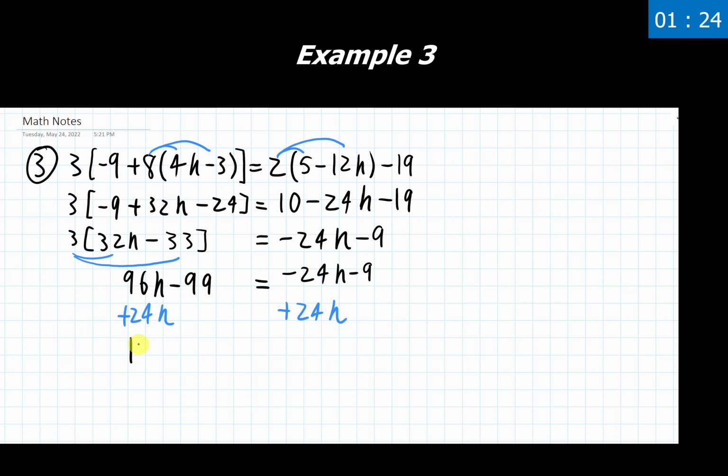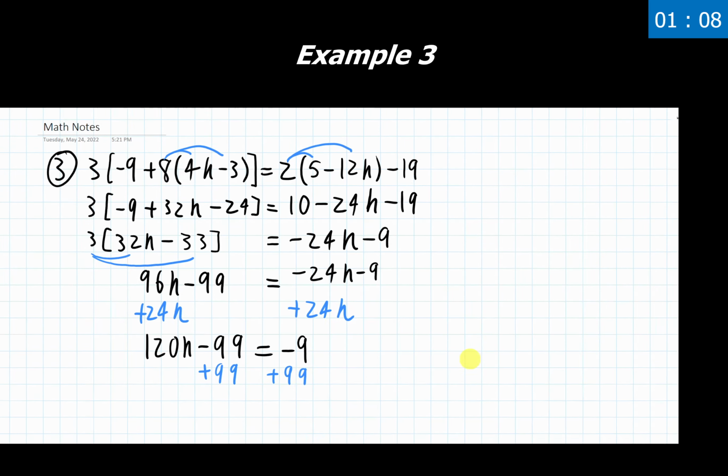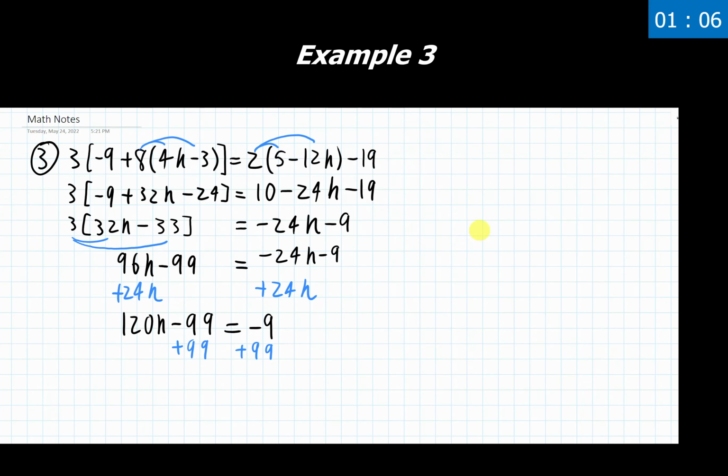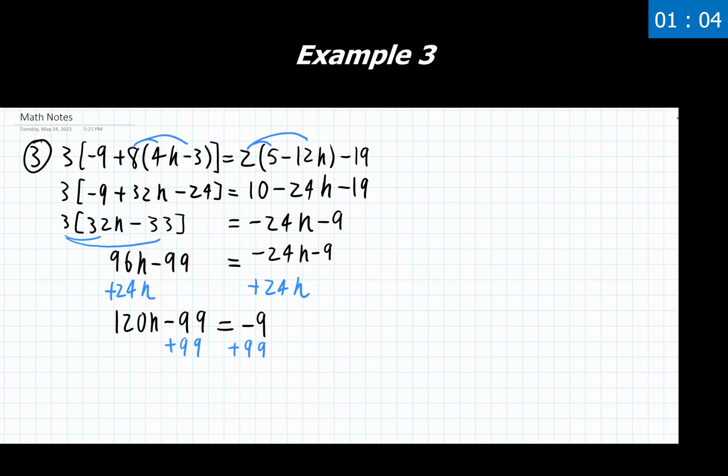I'm getting 120h minus 99 equals negative 9. I want to get rid of this constant term on this left side, so I'm going to add 99 to both sides of this equation. Try and zoom this out and scroll us down here a little bit, give us some space. And I get 120h is equal to 90.